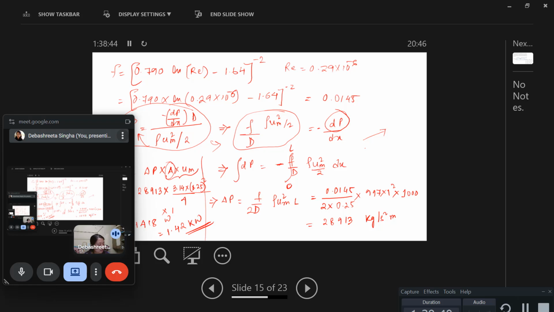So that's the negative sign here. And once we get this delta P by doing the integration, then we can also calculate the power, which is given by delta P into the volumetric flow rate. It is calculated to be around 1.42 kilowatt for this question.